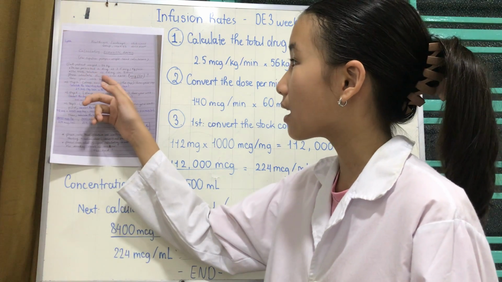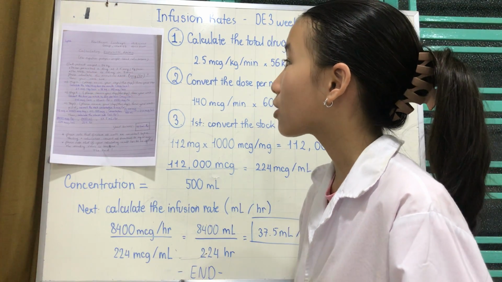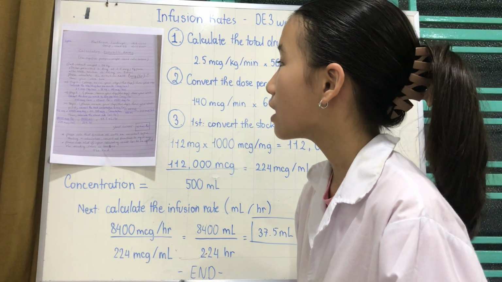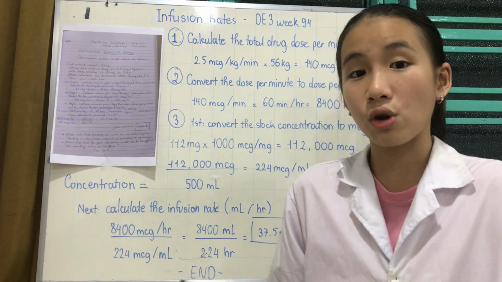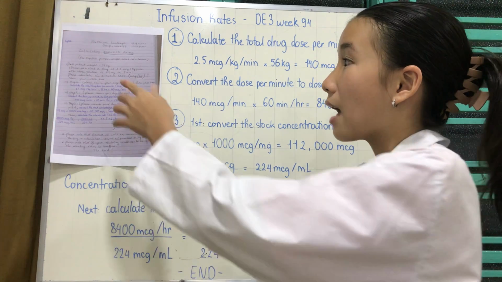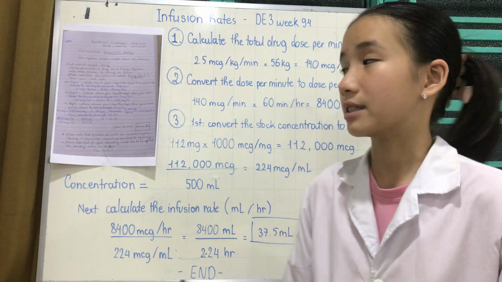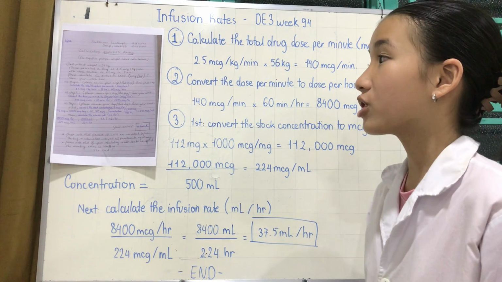Please calculate the infusion rates, micrograms over hours. So that is how many micrograms in 1 hour, and that is the infusion rate I need to find. So please show your work here.